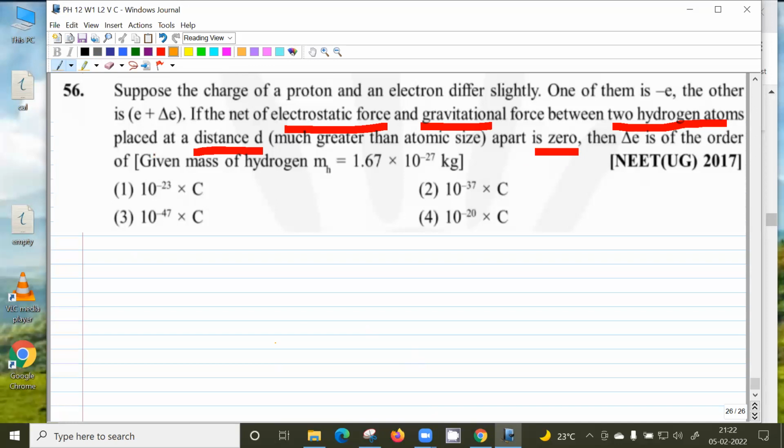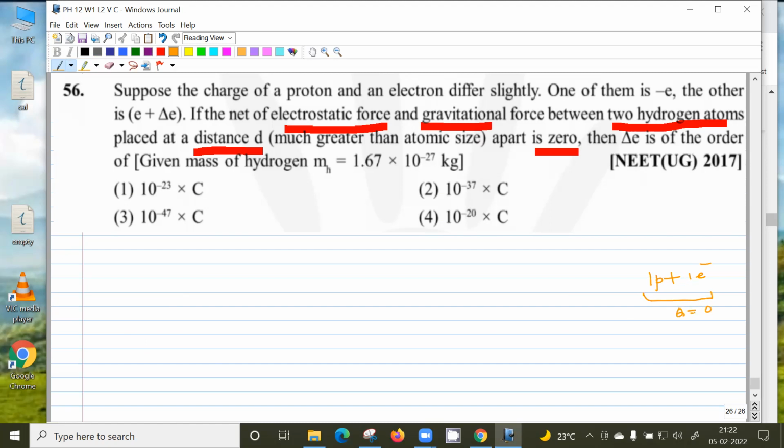So he's saying two hydrogen atoms, right? What is a hydrogen atom? One proton plus one electron, with no neutron. So in general the sum of this charge is how much?